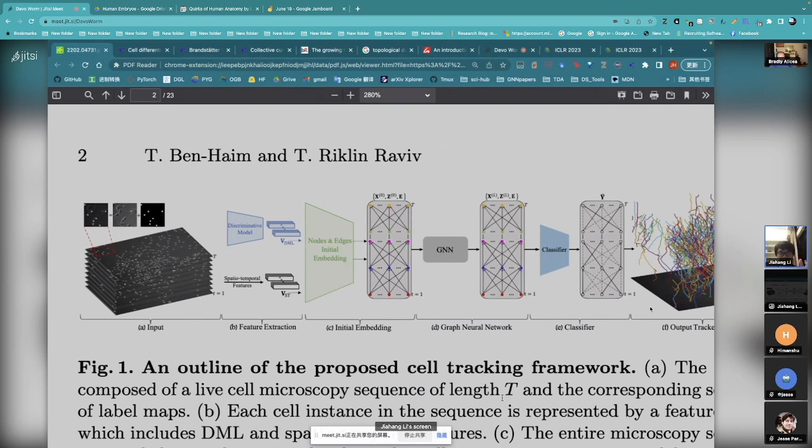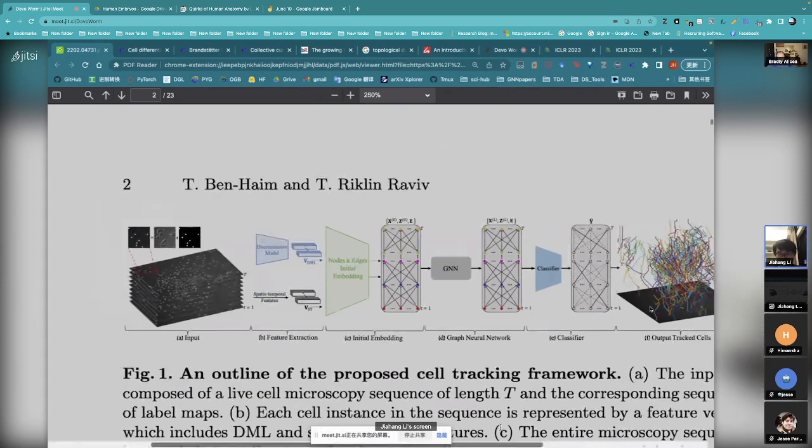If there are some edges which you predict are not existing, you will remove them, and the remaining edges are the edges that connect cells across frames, so that you can build cell trajectories because these edges connect cells frame by frame by frame.